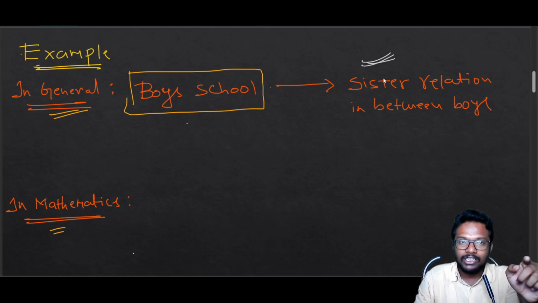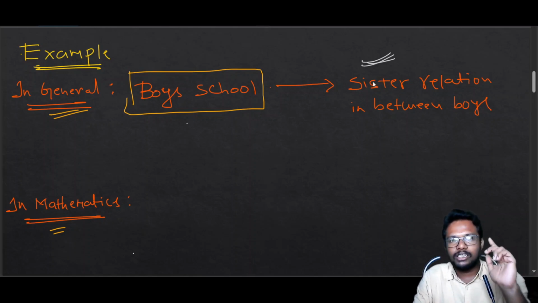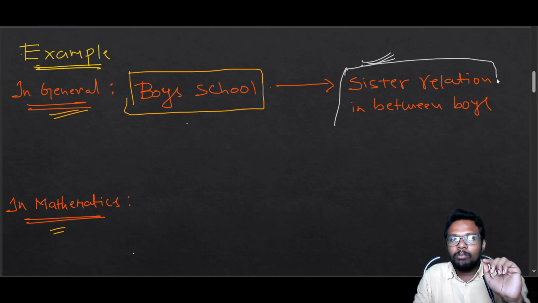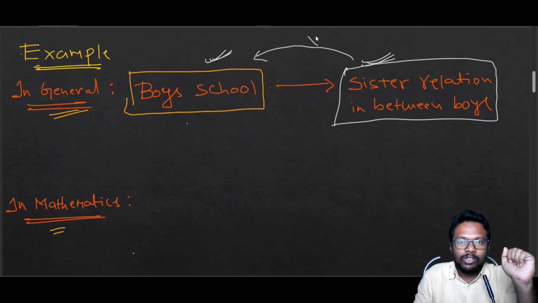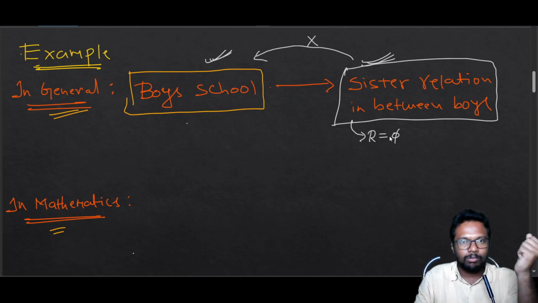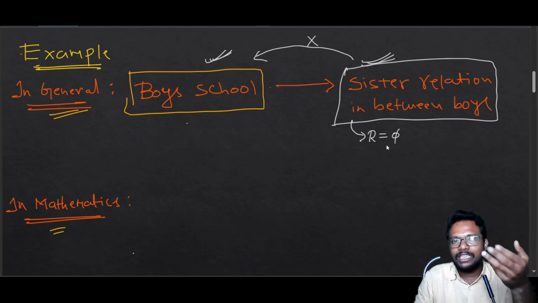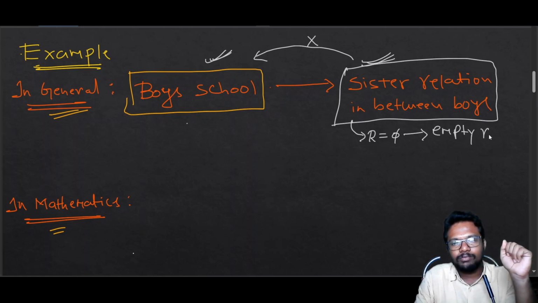Sister relation is a relation, we can't say it is not a relation, but sister relation in a boys school is not working, because the given condition is a boys school. So here the relation will be empty, because we can't create a sister relationship between boys. So R is empty, which means this is an empty relation.